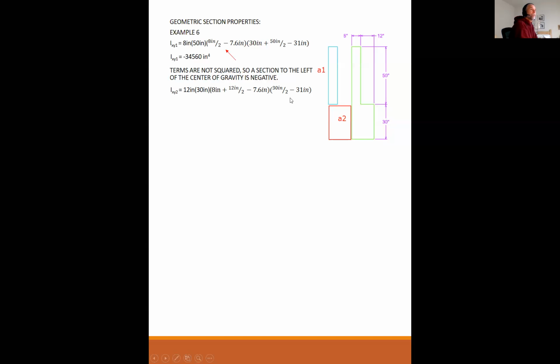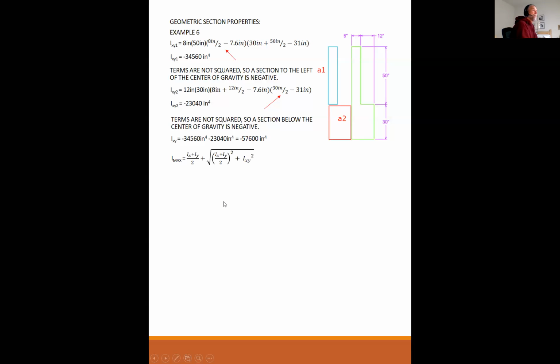The y direction is 30 over 2 minus 31. That gives me minus 23,040 inches to the 4th. Same note. And so my product of inertia, Ixy, is the sum of the 2, minus 57,600.